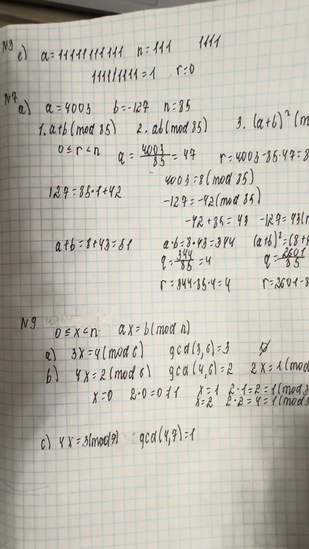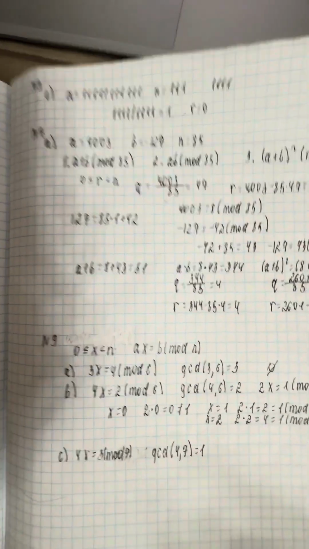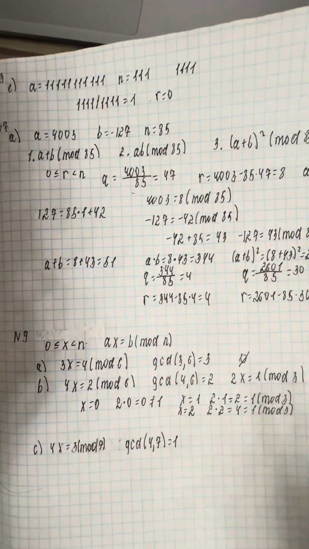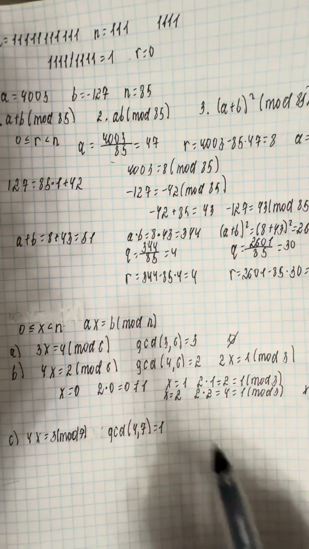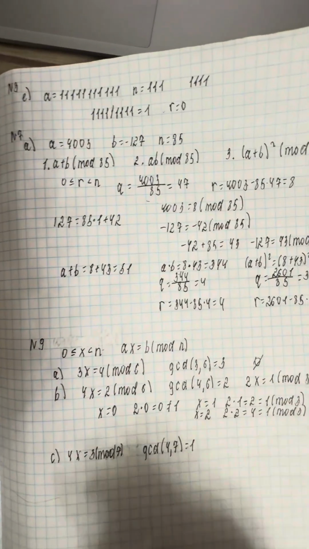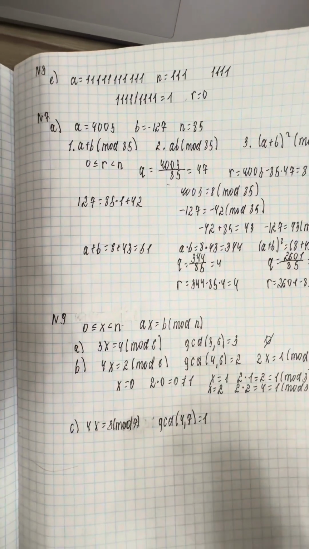Part C, we're given 4x is congruent to 3 modulo 7, and we need to find the greatest common divisor of 4 and 7, which is equal to 1. Since the greatest common divisor is 1, 4 has a multiplicative inverse modulo 7.